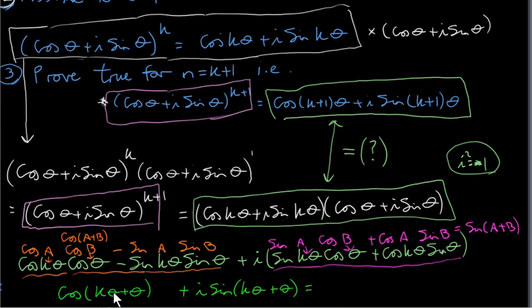But of course we can factorize theta out of this, so we get cos of (k plus 1) times theta plus i sine of (k plus 1) times theta, if we just factorize theta out of these terms. So that's exactly what we have to show. We have to show that this here is equal to this here.